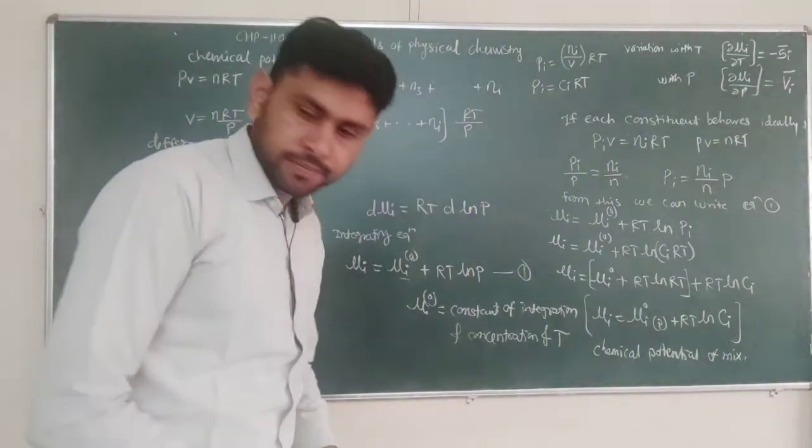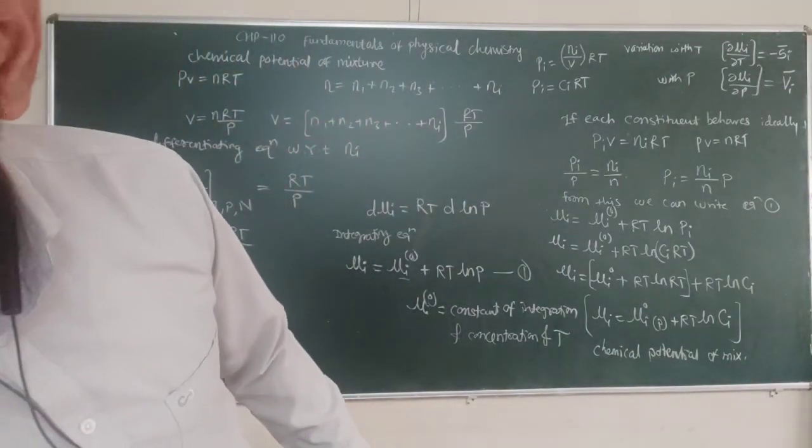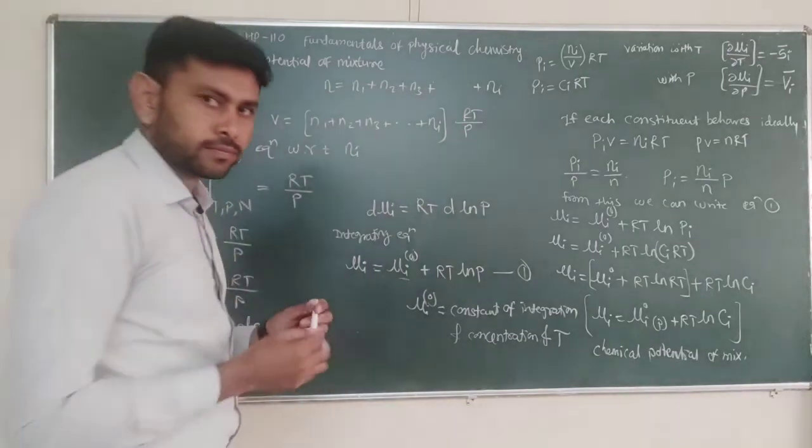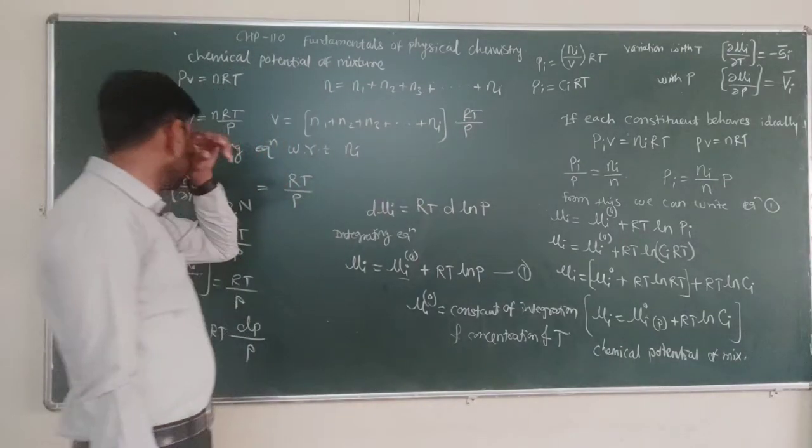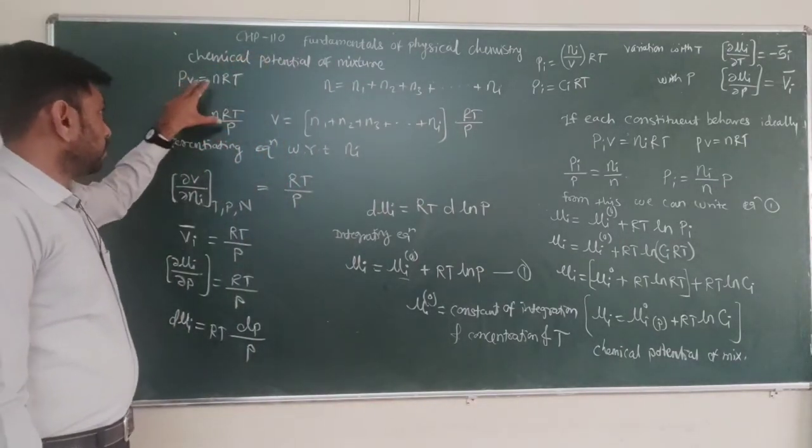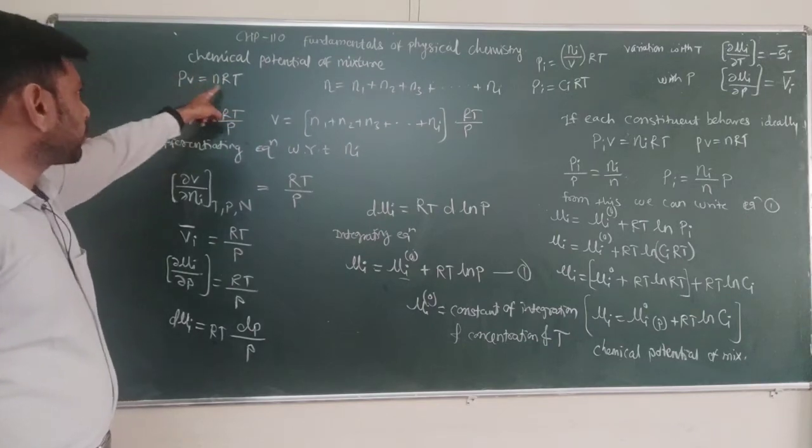Now look at this, the chemical potential of a mixture of ideal gases. See here, from the ideal gas equation we can write PV equal to nRT.